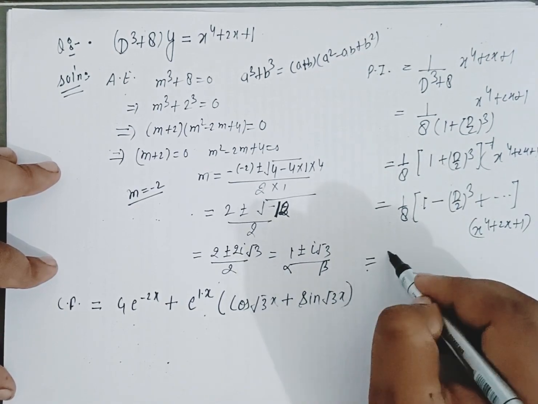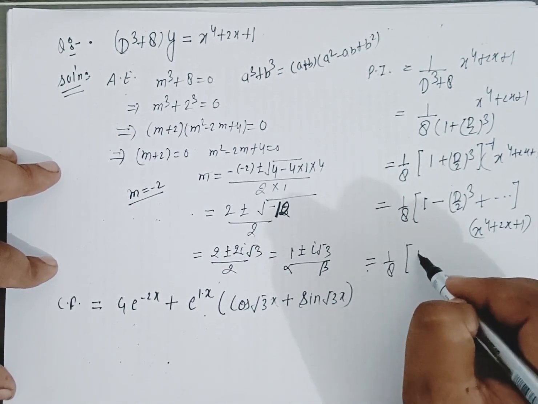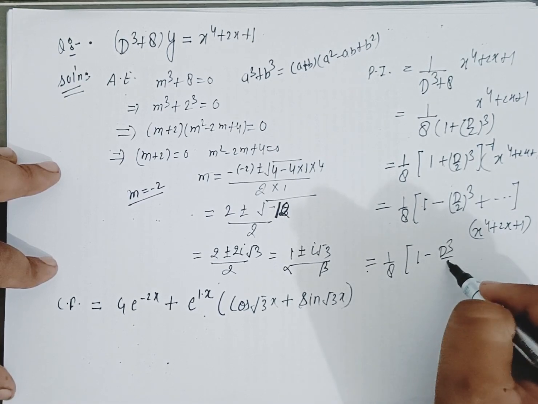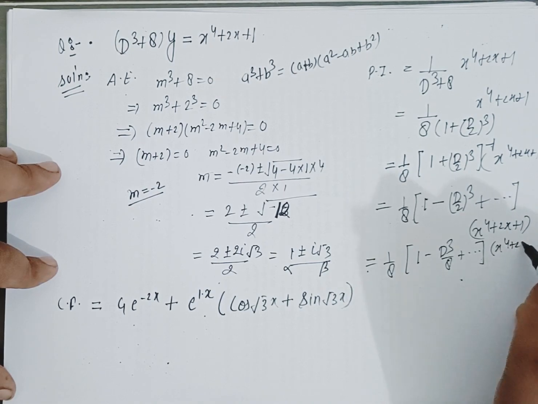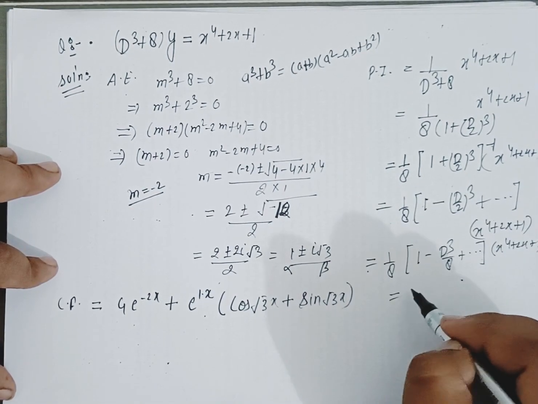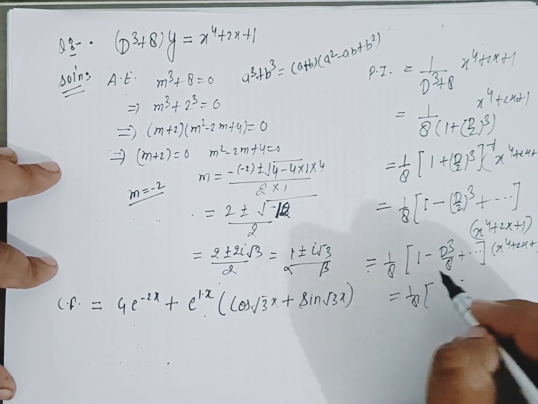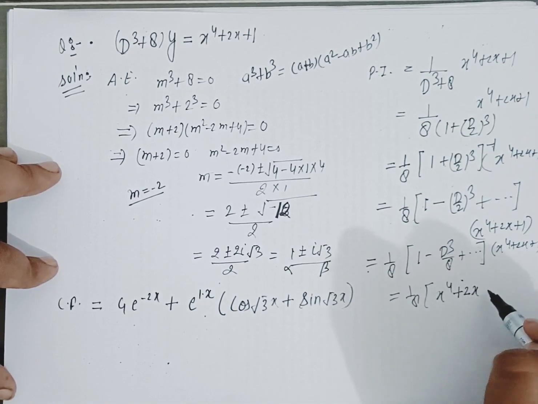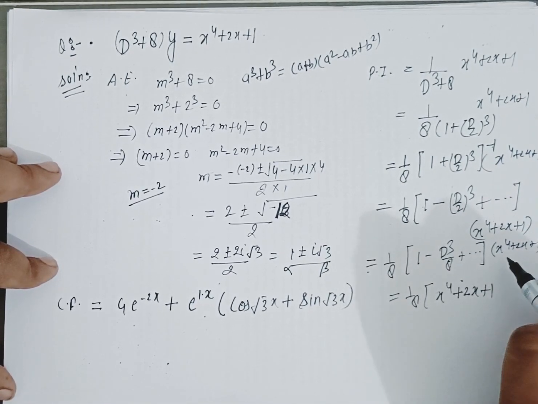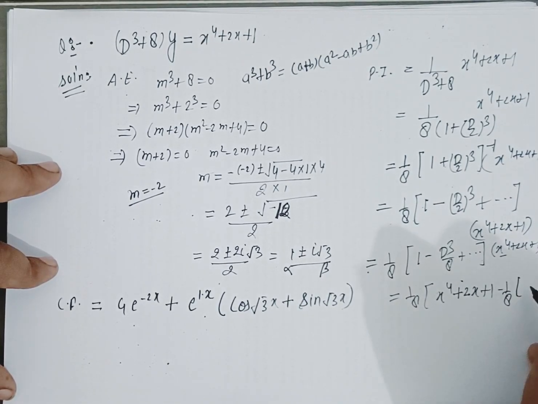So now we have the result 1 upon 8 times 1 minus D to the power 3 by 8 plus dot dot dot, acting on x to the power 4 plus 2x plus 1. So 1 upon 8 multiplied by this, and the third-time derivative of x to the power 4 will give you 4 into 3 into 2x, and the derivative of the remaining terms will be 0.